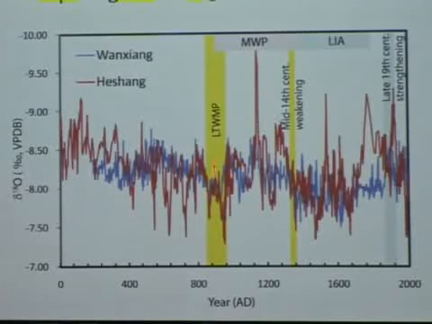So we actually see a higher amplitude variability in the Heshang record, which suggests that perhaps more of the rainfall variability may have been happening south of that region rather than in between the two sites, which is something I won't go into detail about, but if you're interested, I can explain that.